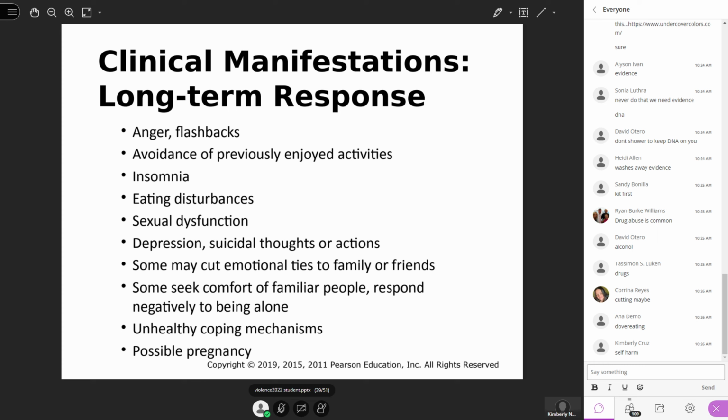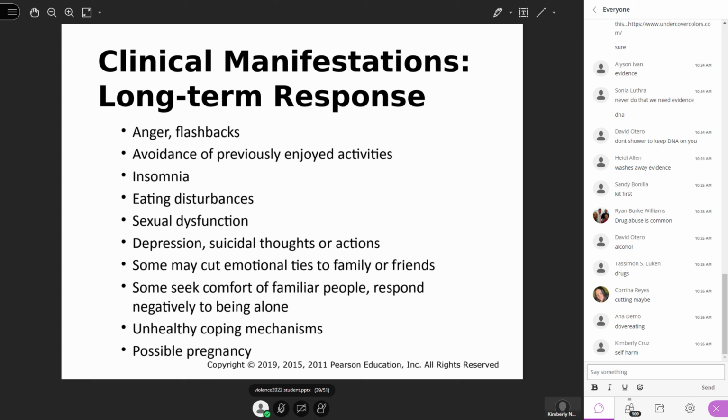A lot of times people don't report being raped immediately. They try to hide it, or they don't want to say anything. They're embarrassed or they're afraid. So they might not realize that they are pregnant until later on.